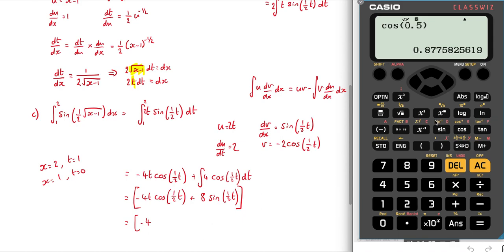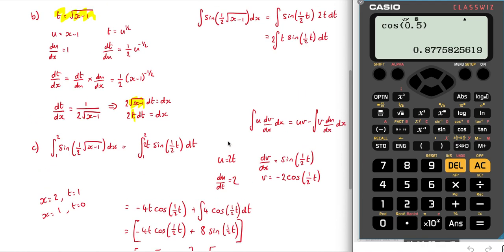So that's minus 4 root 3 over 2 plus 4, because sine of a half is a half. Take away, when t is 0, that first term is 0, 8 sine of 0. Sine of 0 is 0. That's not what we were looking for.